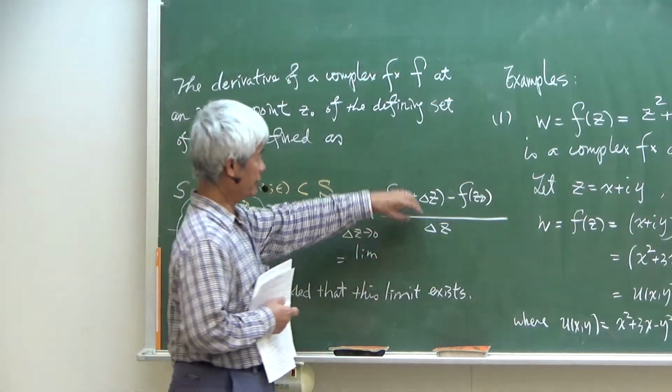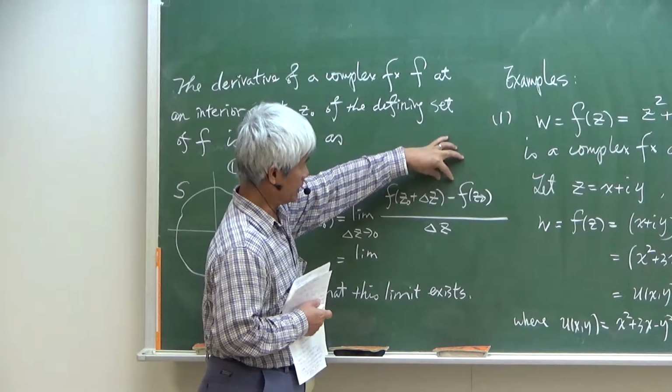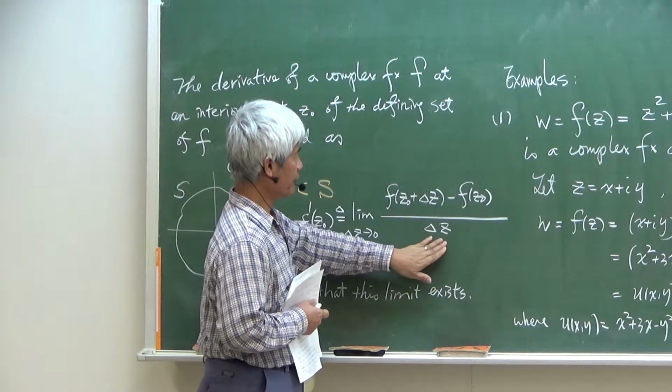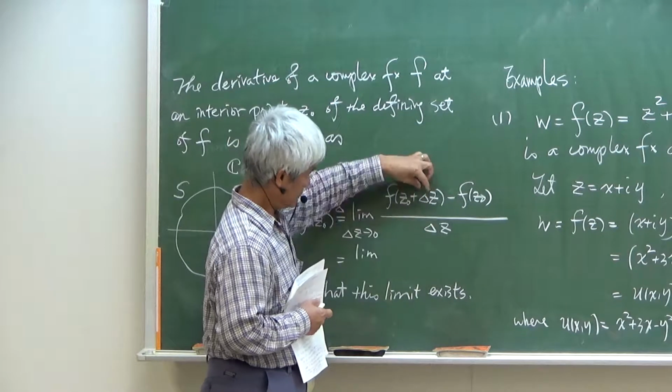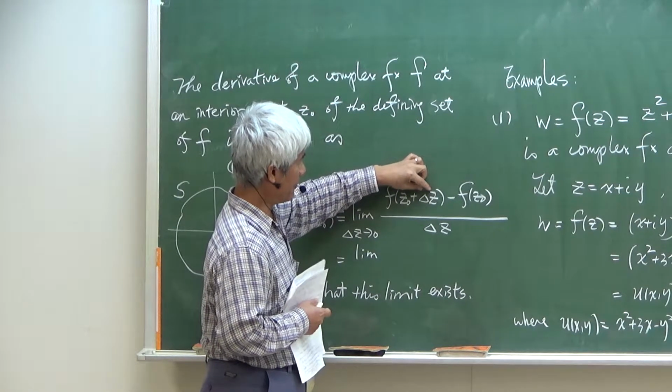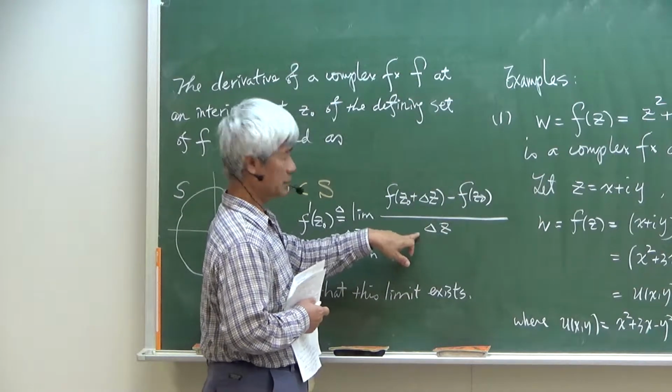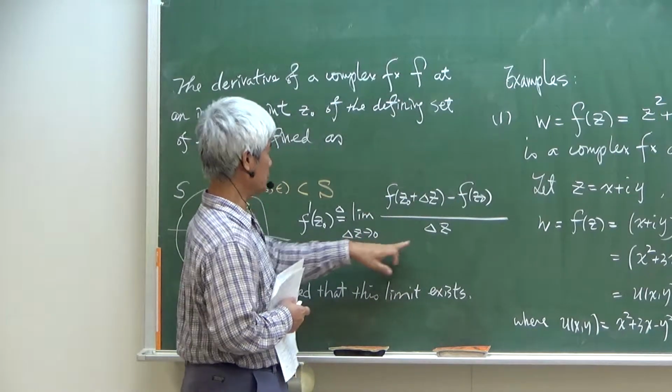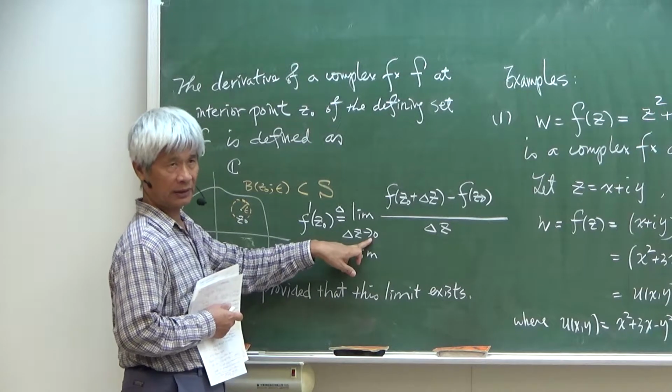We have a difference of the function values divided by a small complex number delta z. Of course, this complex number cannot be equal to 0, but it will approach 0 anyway.